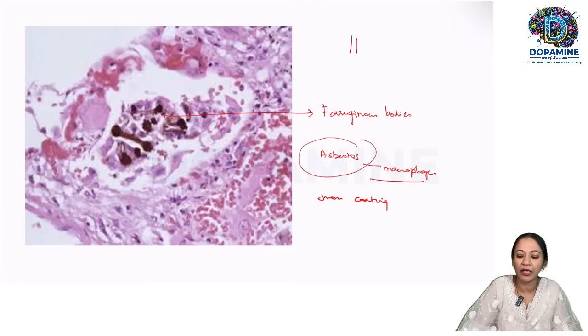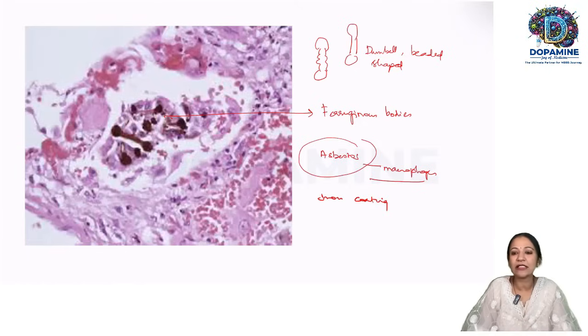They will be typically dumbbell-shaped, beaded bodies. As you can see in the picture here, it will be like this. So this is the classic ferruginous body seen in asbestosis.